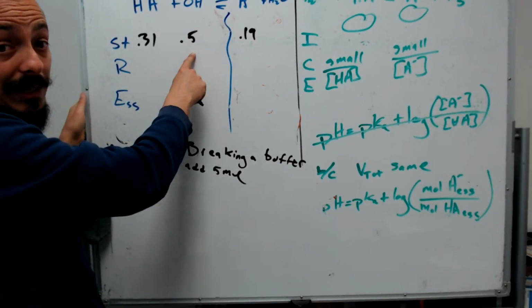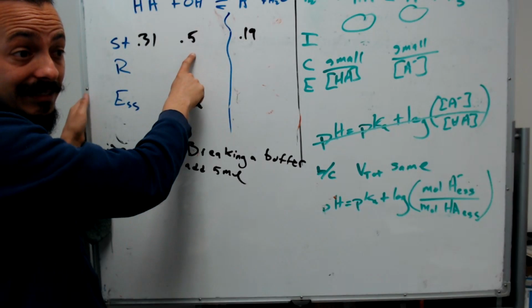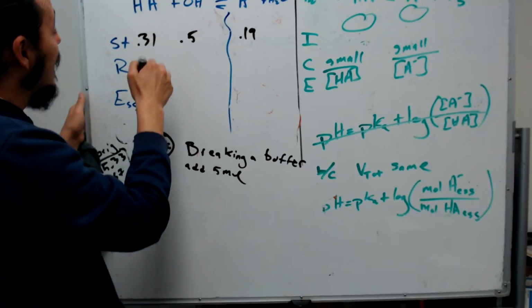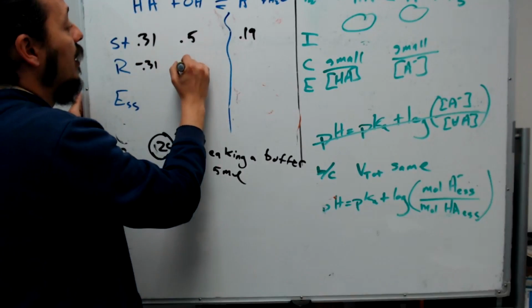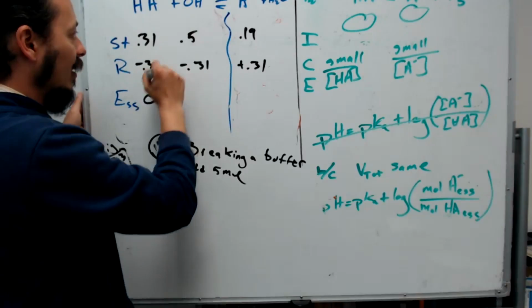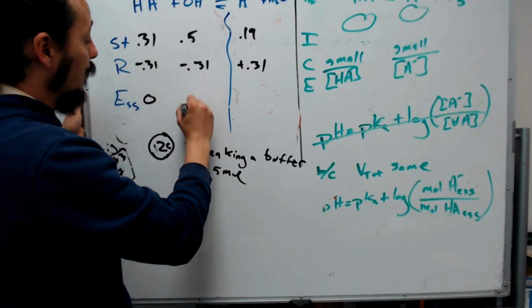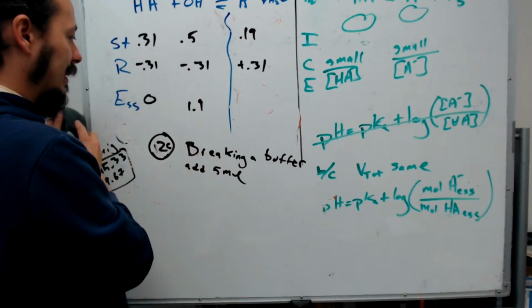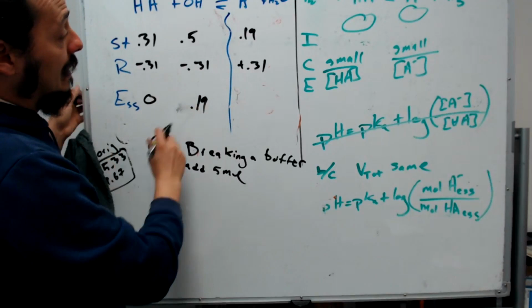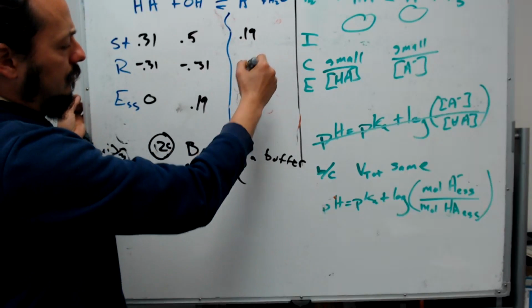Not sodium hydroxide. So it's the acid. So I'm going to have minus 0.31, plus 0.31. I'm going to get 0. I'm going to get 0.19. And I'm going to get 0.5.